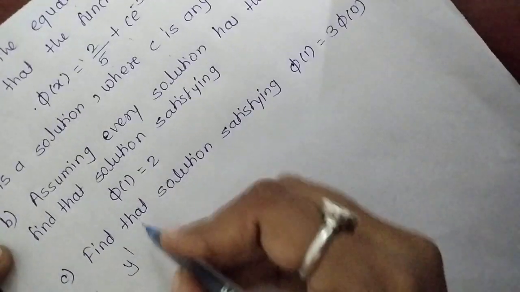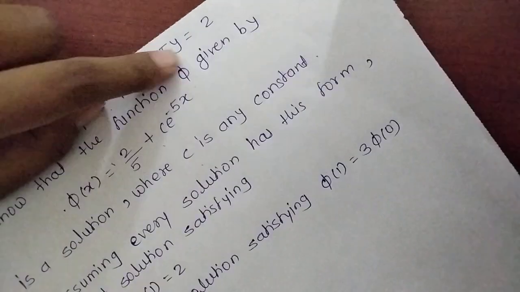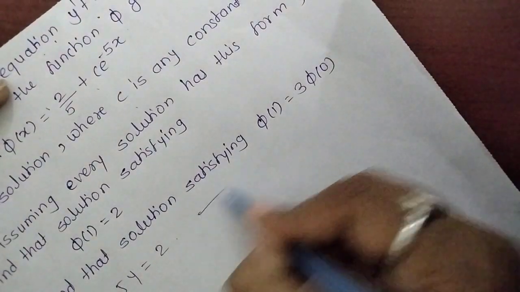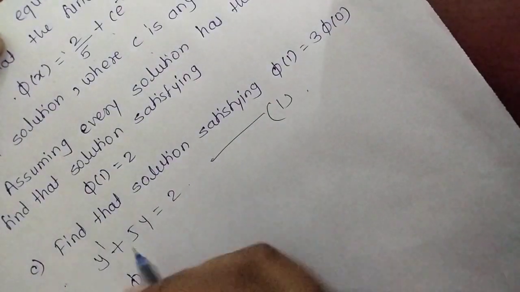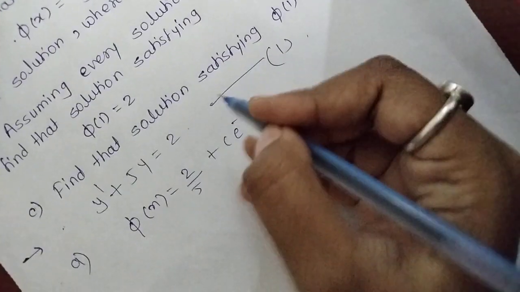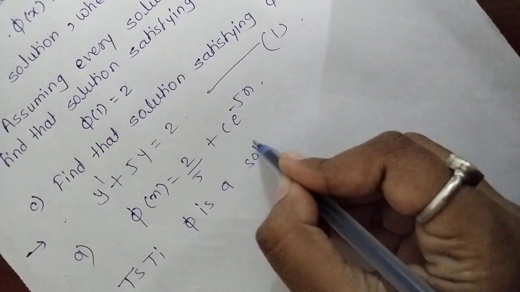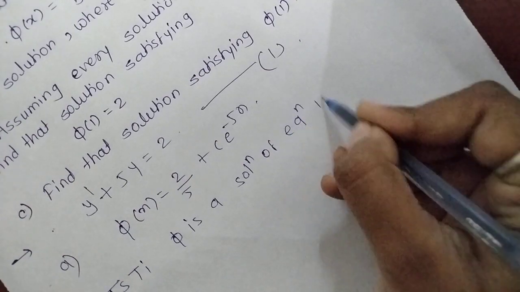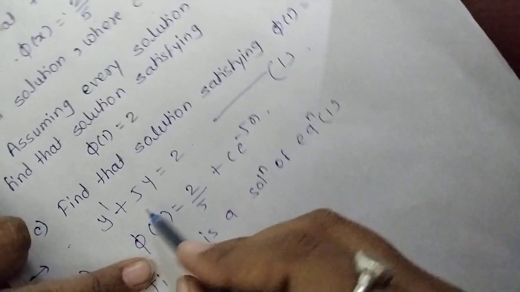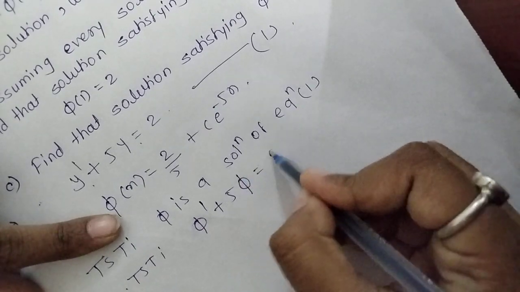First, take the given equation y dash plus 5y is equal to 2. For a, show that the function phi given by this is a solution, means phi must satisfy this equation. Phi of x is equal to 2 upon 5 plus c e raised to minus 5x. To show that phi is a solution of equation 1, we must show that phi dash plus 5 phi is equal to 2.